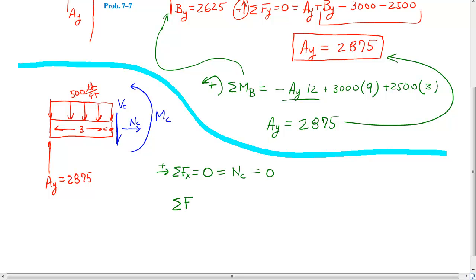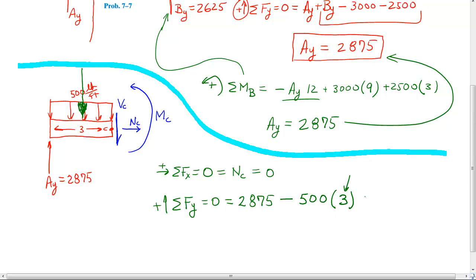Now I can sum the forces in the y direction and just make this positive. Doesn't matter which way I make positive, but what I have is 2875 from this load. Then I have the load that gets replaced right here, minus 500 pounds per running foot times 3 running feet.